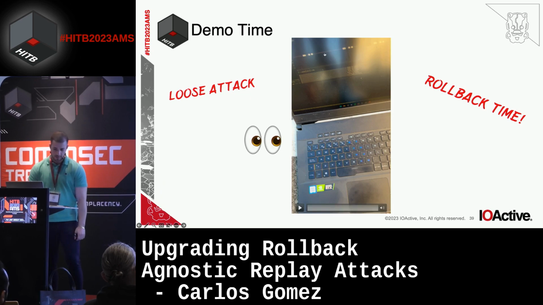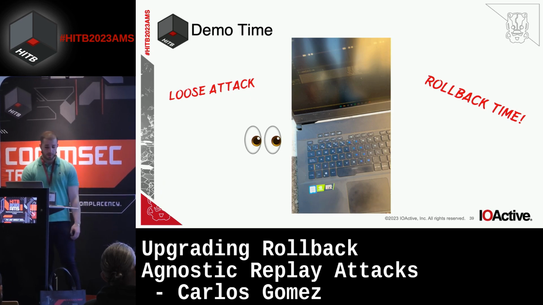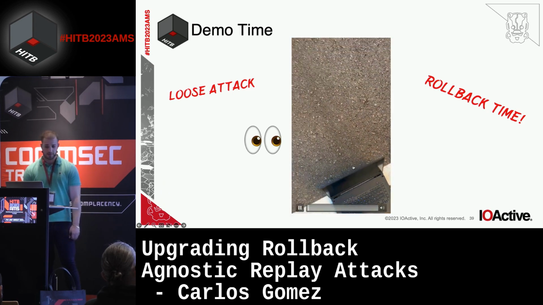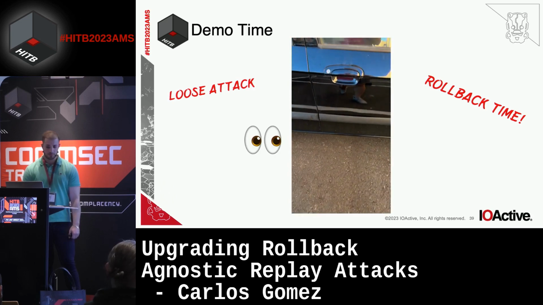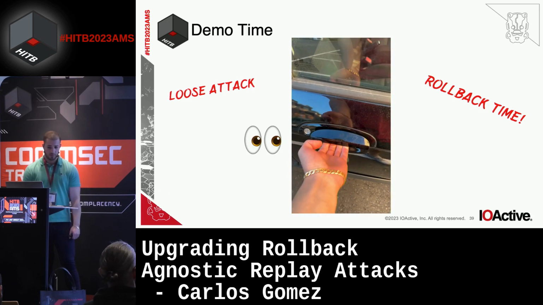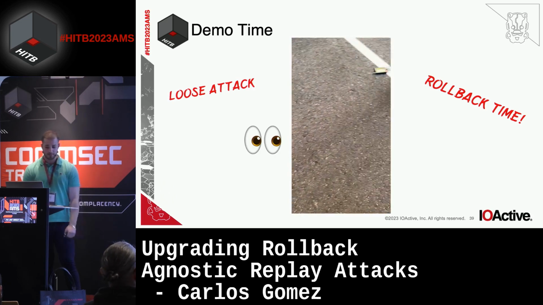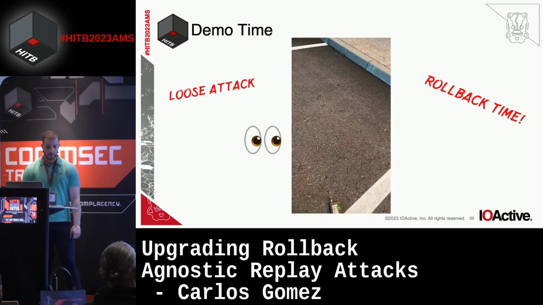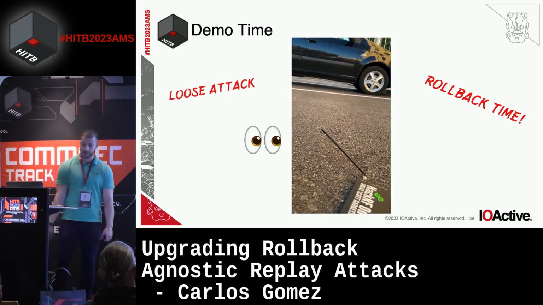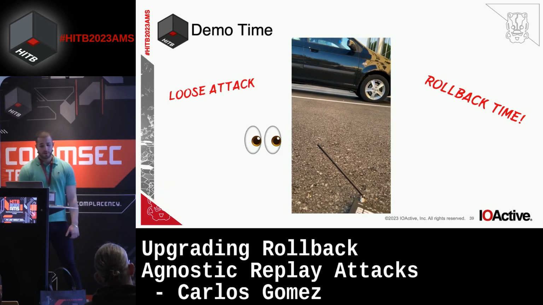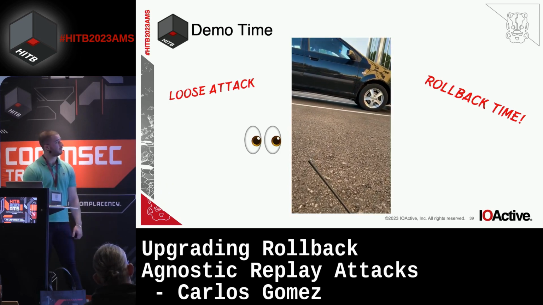As you can see in the middle of the screen, we have a bunch of sound. And this is another type of attack. We are testing that the vehicle is closed. At the moment that we send a special radio signal, the car will open.